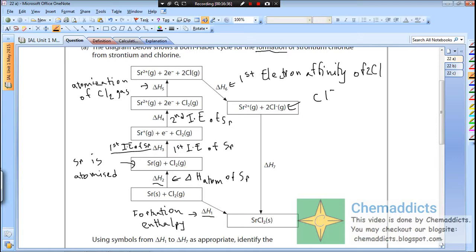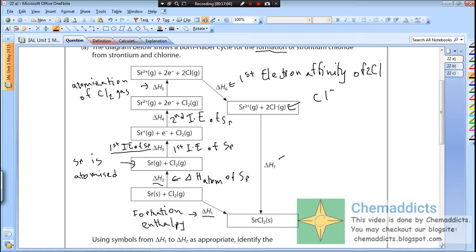According to the definition, it is the energy released when 1 mole of gaseous atoms receive 1 electron to form 1 mole of gaseous uninegatively charged ions. So that is why the energy is released over here, since it is attracting electrons, and we all know that attracting electrons always results in energy release.